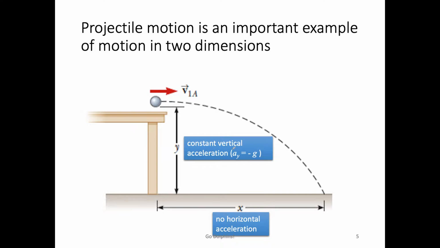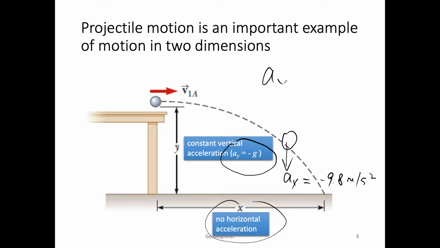And the acceleration is always exactly pointing down and is negative 9.8 meters per second squared. There's no acceleration in the x direction. ax is always 0. And we call this kind of motion projectile motion.